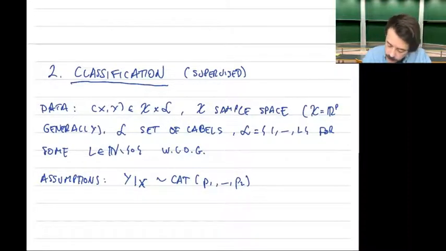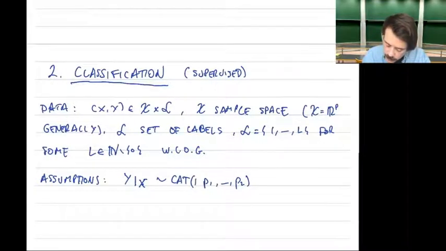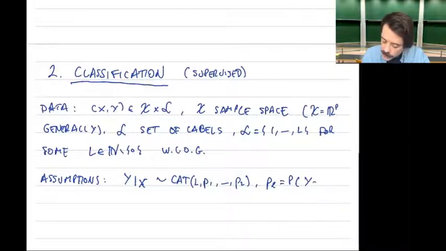We have capital L categories, and therefore the probabilities of each of them happening is described by this P. So the P_l then is just the probability of Y being l given X, okay?